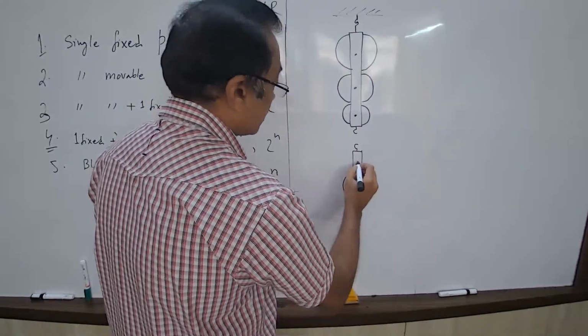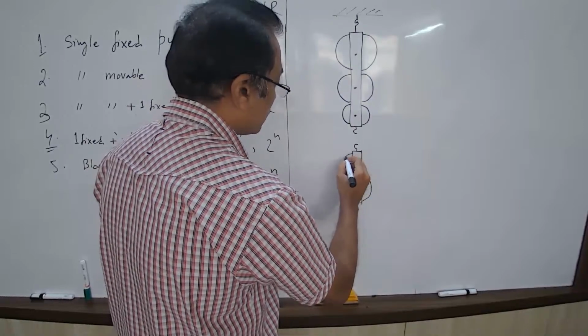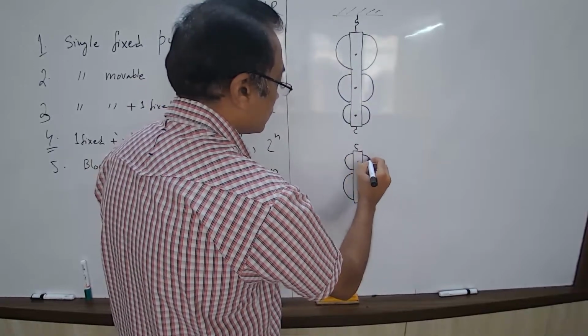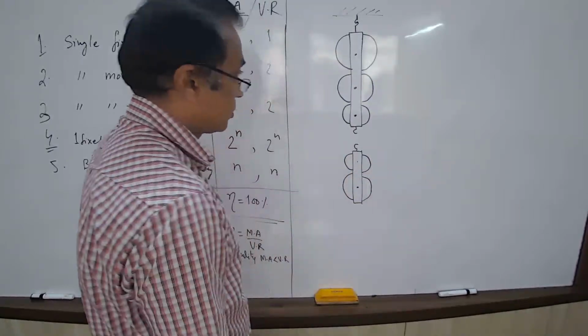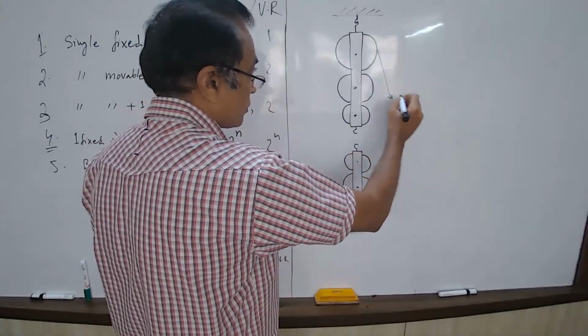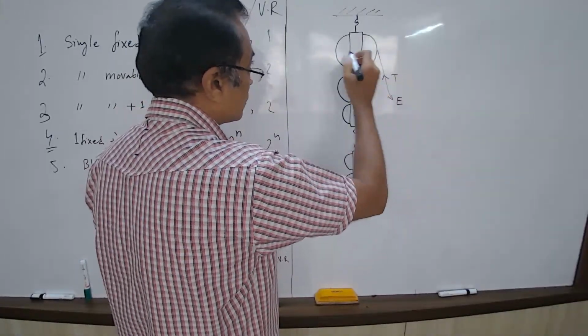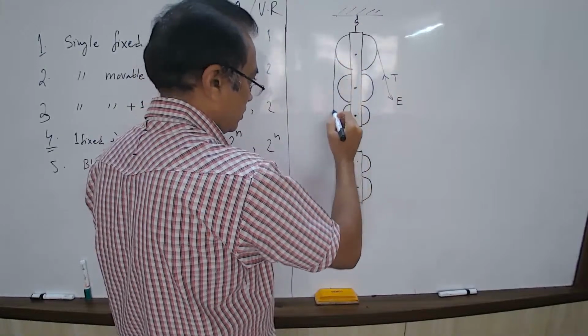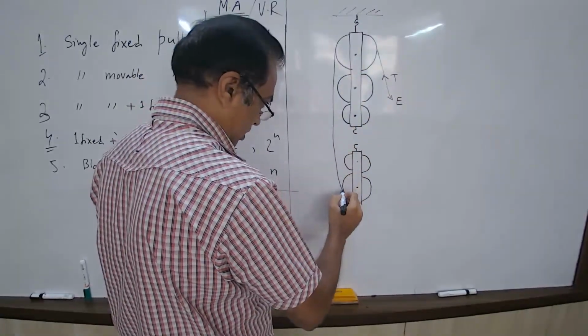Right? And this one is smaller. So how do we run the strings? Let us say we run the strings like this. Then we run through the extreme blocks.